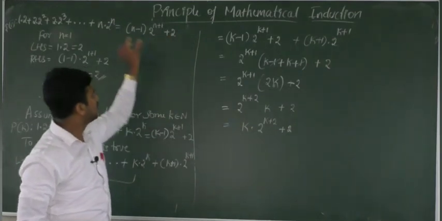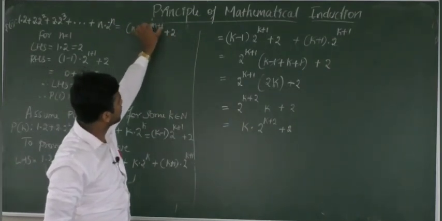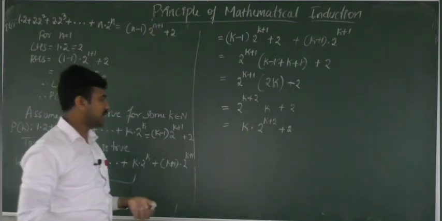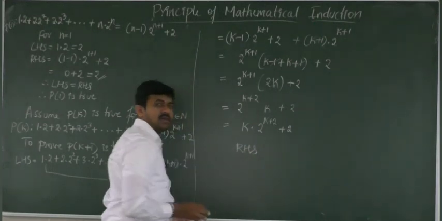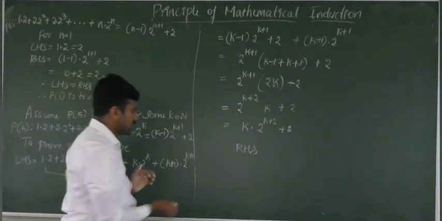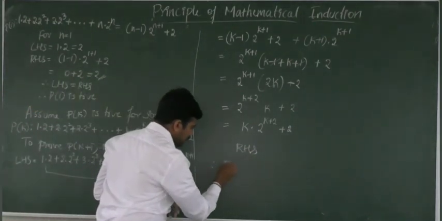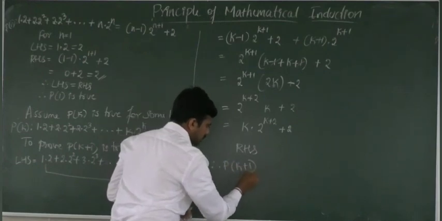So the same, you got k into 2 to the power k plus 2, plus 2. Therefore this is the RHS of P of k plus 1. So we can say P of k plus 1 is true.